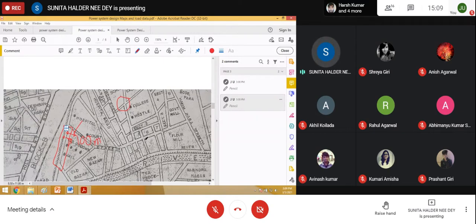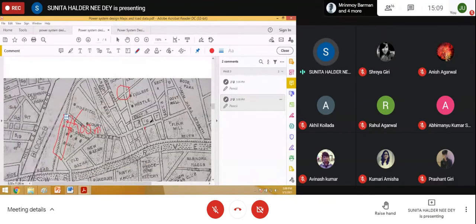We shall start from one corner, then put one at another corner, then next at the crossing. If it is more than 1.2 centimeter, we leave it, and we shall put it at 1.2 centimeter in this way.